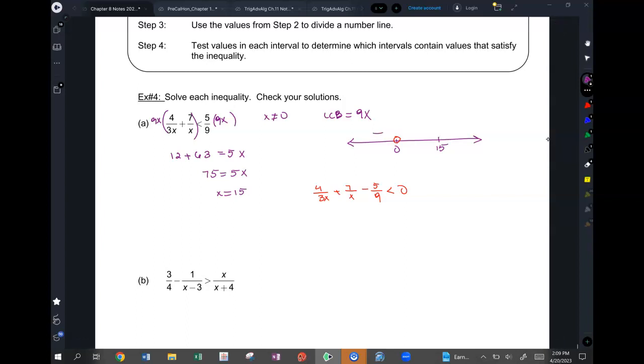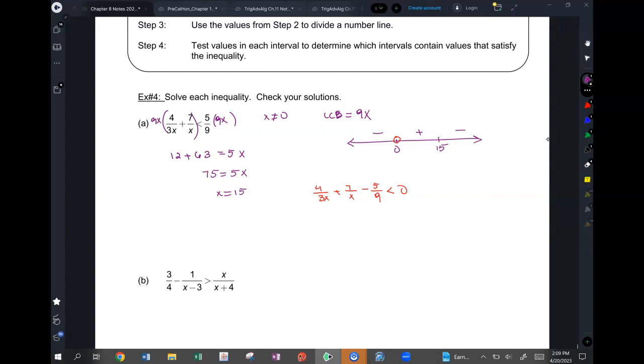That's going to give me 4 over something, 9, plus this, minus this. It is going to be positive when you try it out. Here, you're going to get a negative number, right? You would have to try them out. You don't have to show me the calculations, but you have to show me this sign chart.